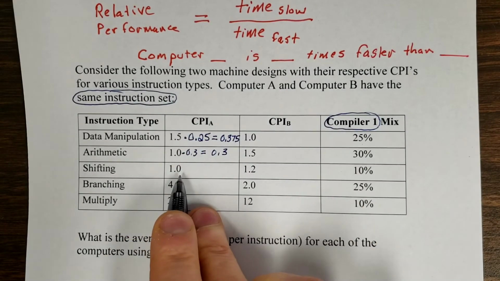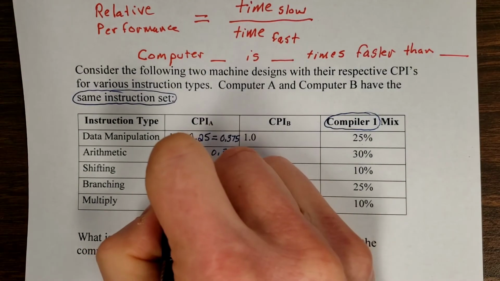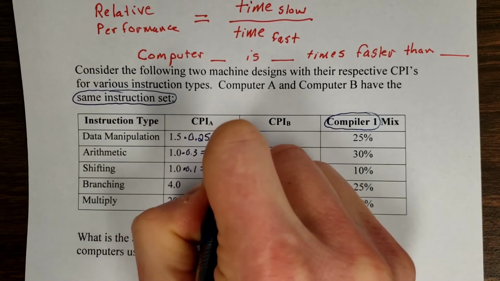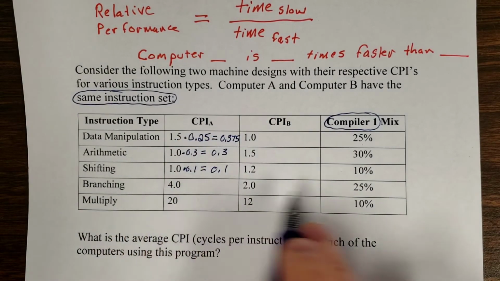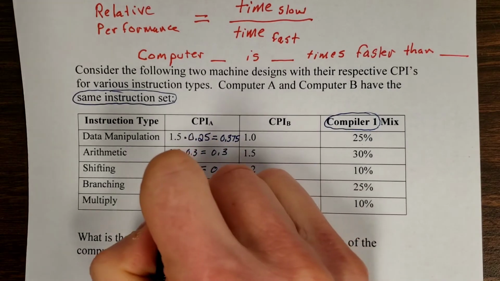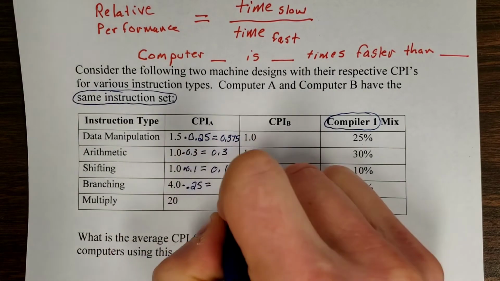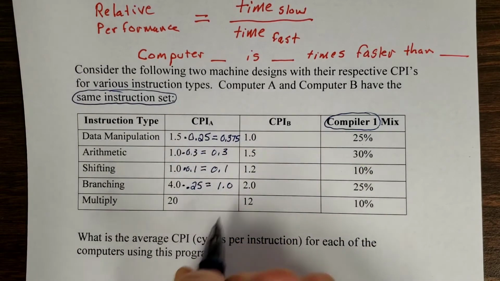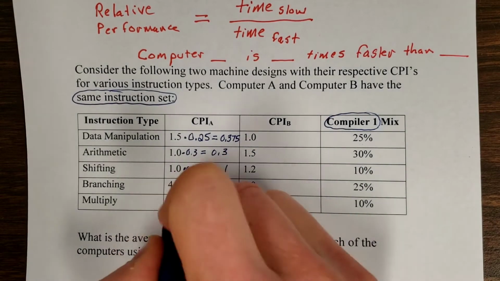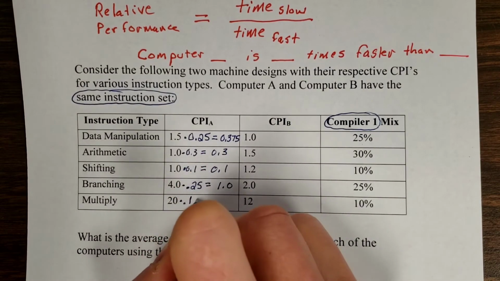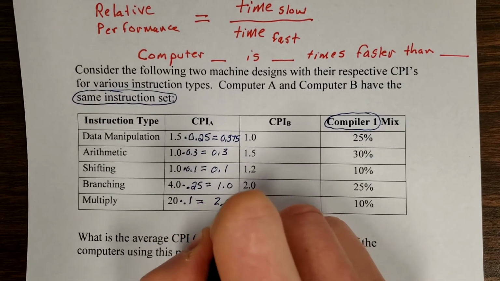And then we've got 1 times 10%, and that's going to be equal to 0.1. We've got 4 times 0.25, and that's going to be equal to 1.0. And then we've got 20 times 10%, and that's going to be equal to 2.0.